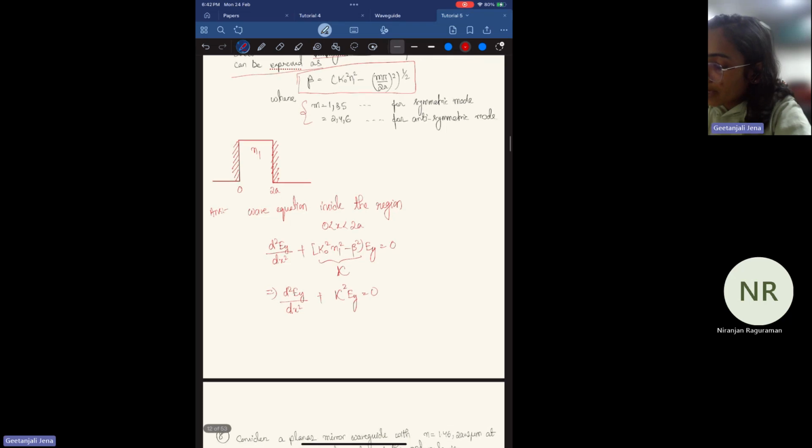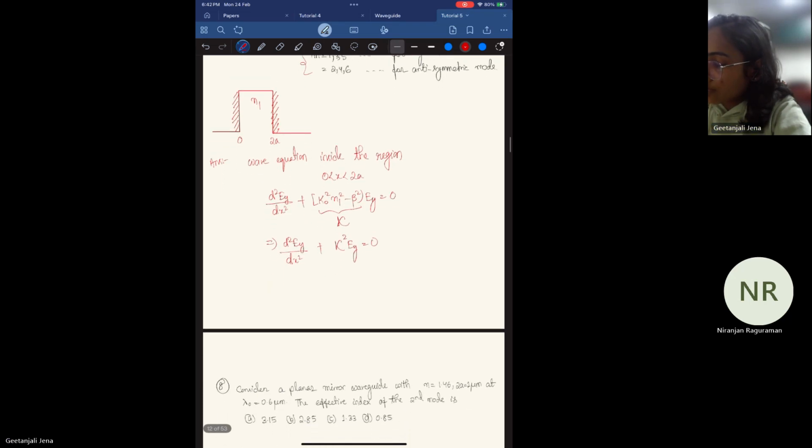And for wave guidance, beta should be less than k0 n1, so that the wave will be oscillatory. It will be a propagating mode solution inside the core region, and outside it will be a decaying wave solution.